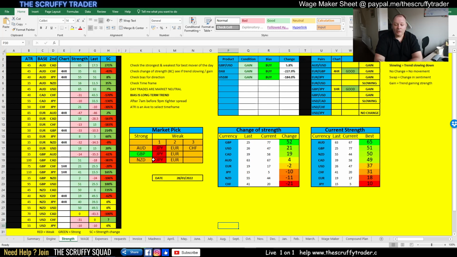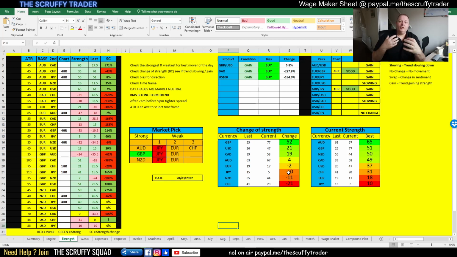And then you can look at the euro and think, well, okay, the euro's gaining, and then work it out this way. So where's the New Zealand? Well, the New Zealand might be strong, but it's losing ground, and it's losing it quicker than JP is. So is there a change on the horizon? That's the sort of things you're looking for.